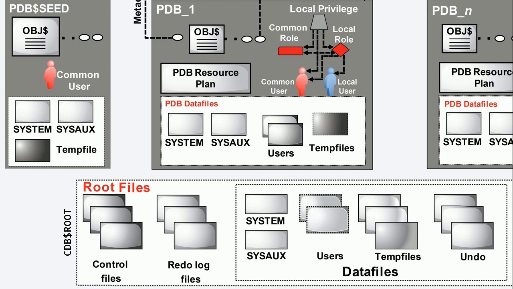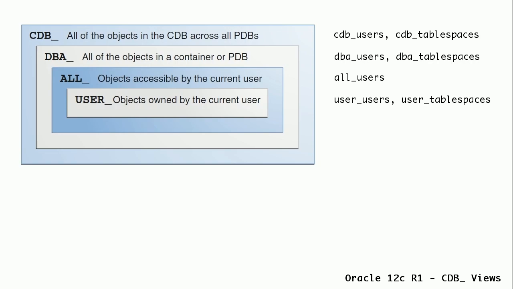We created a tablespace in a pluggable database. Starting with Oracle 12c, we have a new set of data dictionary views called CDB_views. These are all container-wide views. We saw several examples of these views and their usage.